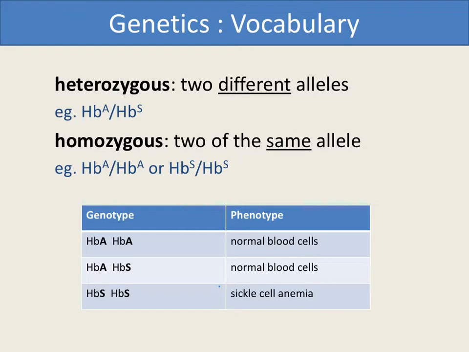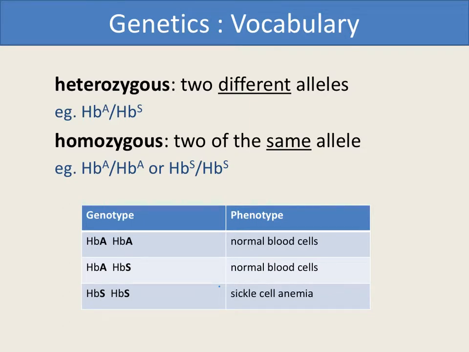If you have a dominant versus recessive, an individual who has a dominant allele, he can have one allele or two, and they're going to express the same phenotype. HBA and HBA, or HBA and HBS, they have the same phenotype. And then the recessive is HBS.